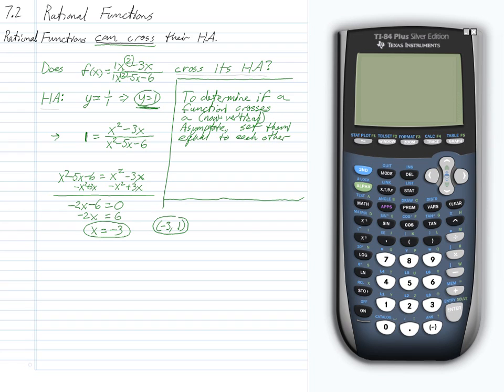Now this piece of information is going to be very helpful later on when we actually start graphing these functions, so make sure that you're comfortable with the idea involved here. You find your horizontal asymptote first, and then to check whether it crosses, you set your function equal to your horizontal asymptote.